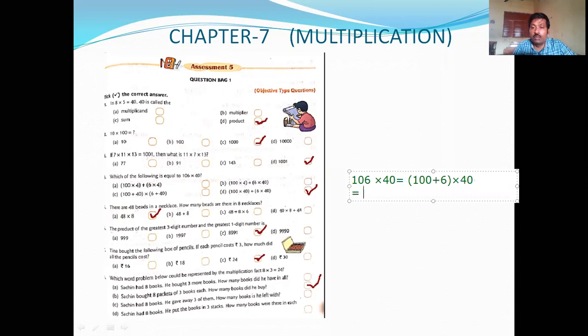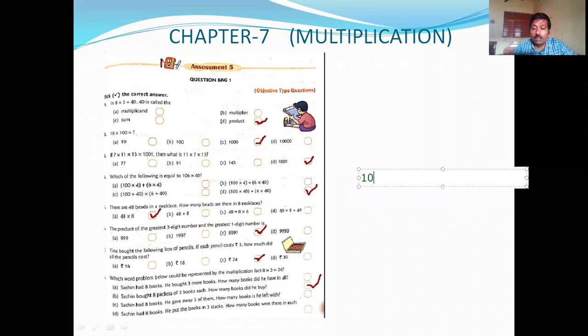We can change this into 100 multiplied by 40 plus 6 multiplied by 40. So this answer matches option D, 100 into 40 plus 6 into 40.